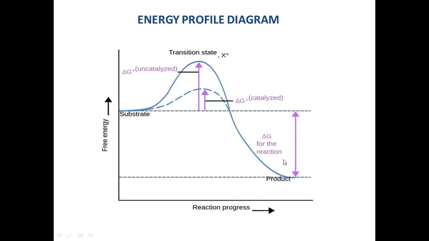The free energy here basically defines the spontaneous nature of the reaction, as to whether the reaction can proceed or not. If the free energy here is negative, the reaction can proceed easily. If it is negative, then it means that the product energy is less than the substrate energy.